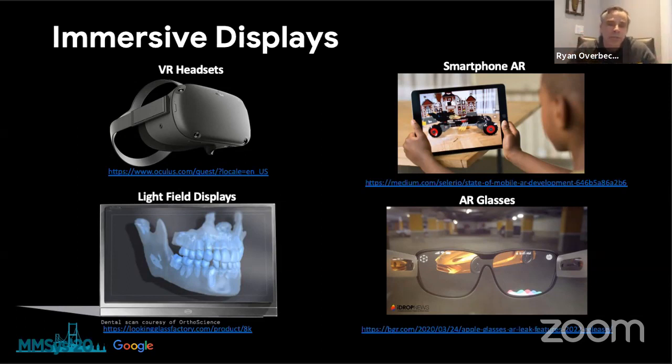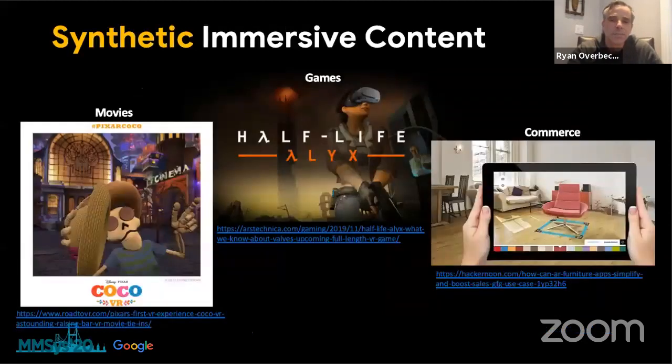And then, of course, with ARCore and Apple's ARKit, people can now view immersive 3D experiences on their phones and tablets. And there are several companies we all know working towards AR glasses that can overlay 3D objects onto the real world. So clearly there's a need for immersive 3D content to feed these displays.